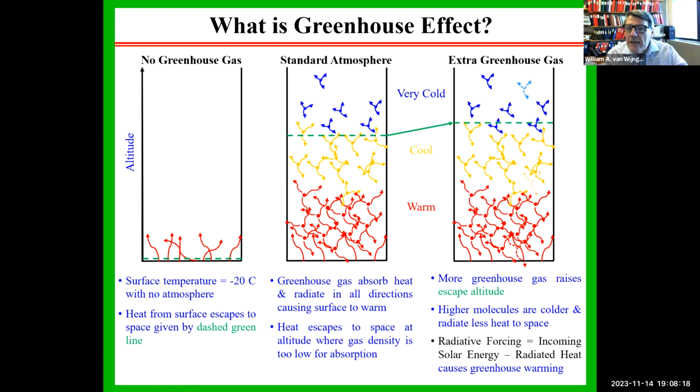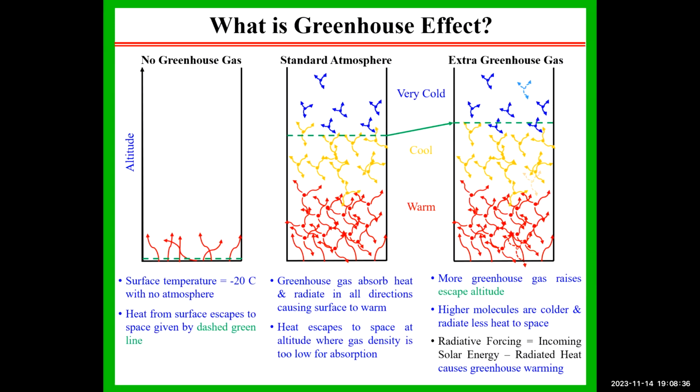Now, the point I wish to make is as follows. Notice that this greenhouse effect only occurred because we had the temperature decreasing in altitude. It was relatively warm at the surface, and then when you go to the top of the tropopause at around 11 kilometers, it's colder.